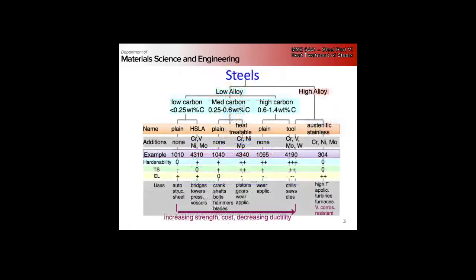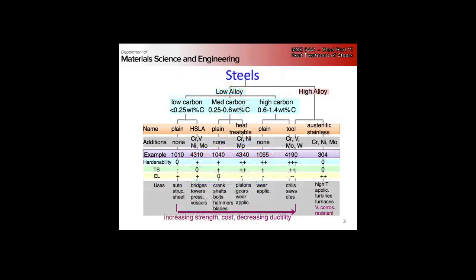Okay, just a reminder, we talked about this at the beginning of the steels, but we can basically classify them into low alloy steels and high alloy steels. The low alloy we can break down into low carbon, medium carbon, and high carbon. The plain steels are basically just iron carbon.